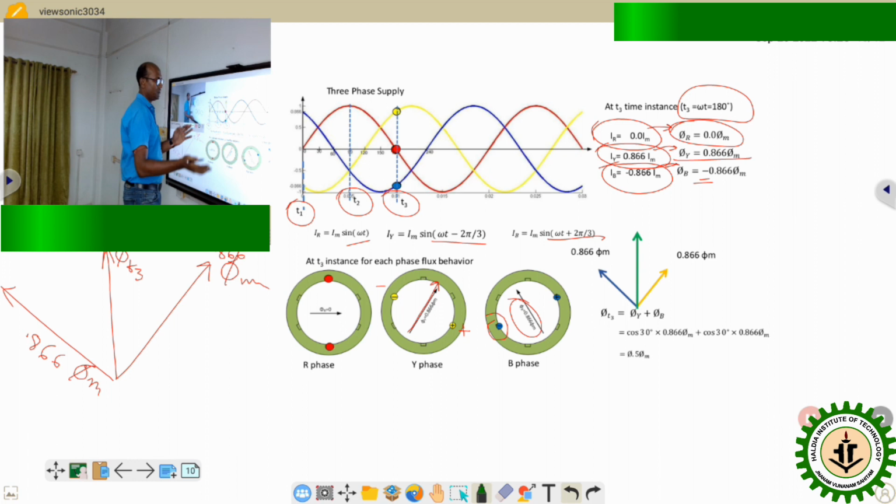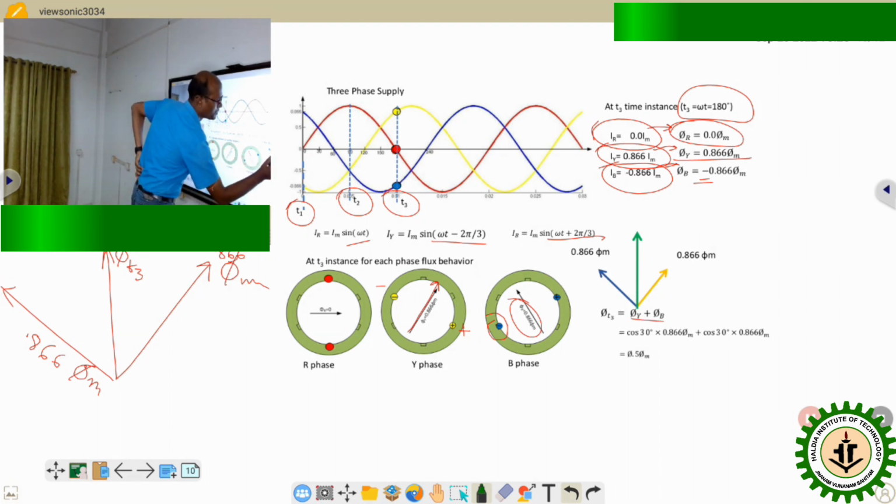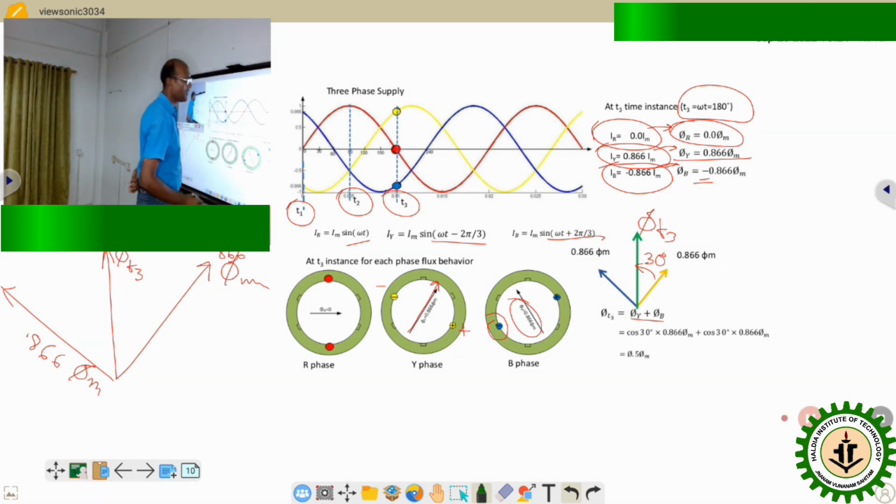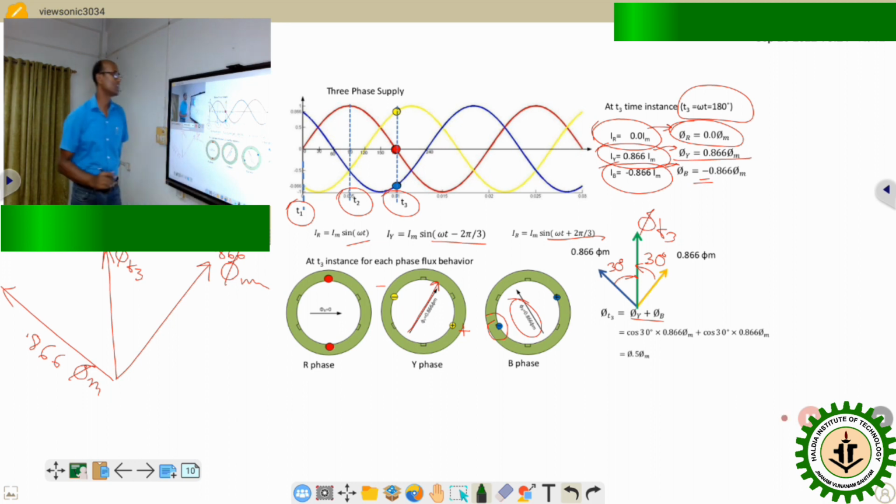So the resultant flux is this, and the contribution of the Y phase flux towards the phi T3 direction will be at this angle. Again, as in the first T1 time instant, this angle will be 30 degree. Likewise, the B phase also creates 30 degree.